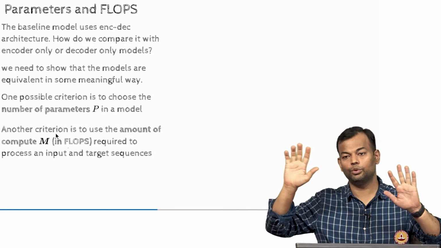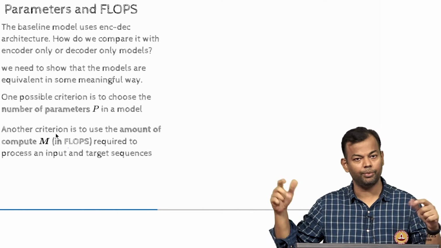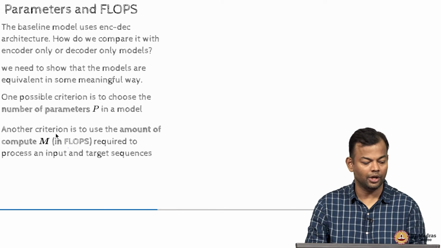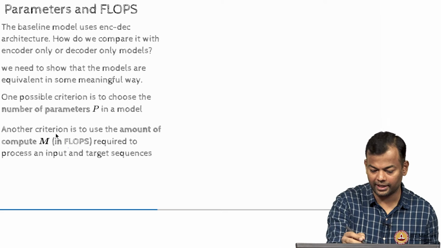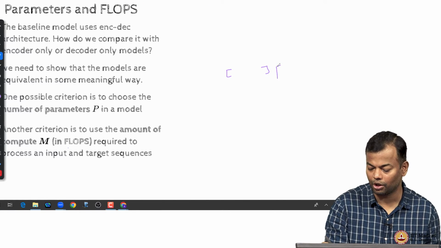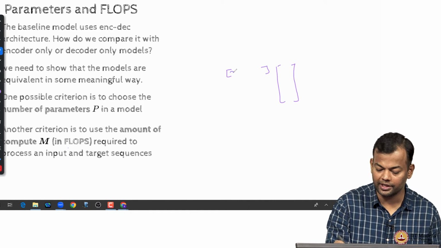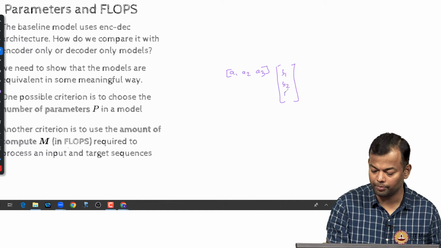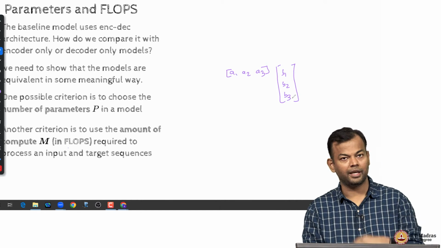Or both of them do the same number of computations, right? What are the computations? You are doing these matrix vector operations throughout the network. Let's just look at one operation to understand what I mean. Suppose I'm taking the dot product between two vectors, A1, A2, A3 multiplied by B1, B2, B3. What is the number of operations I'm doing here?